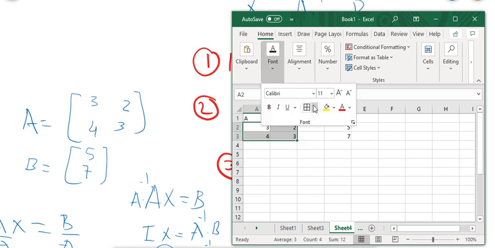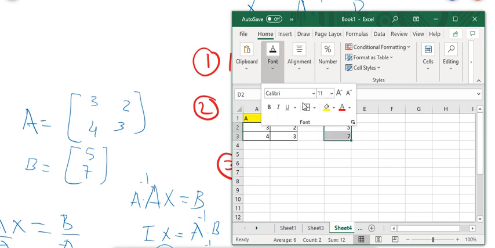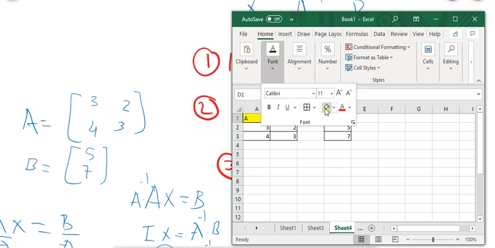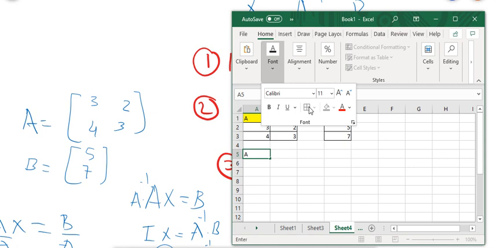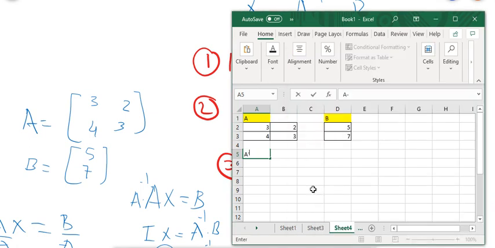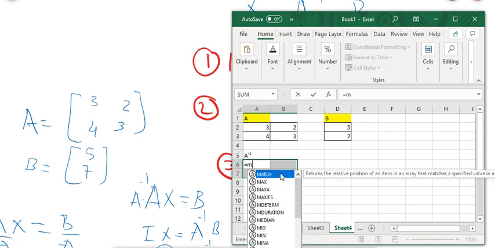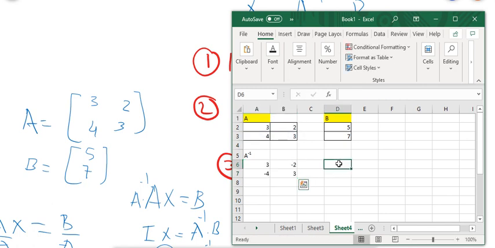First we will find A inverse. So A inverse, minus 1, this is equal to MINVERSE, control shift enter.